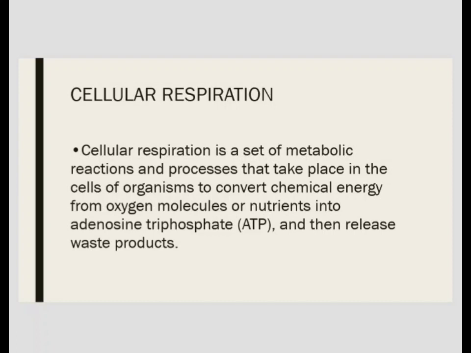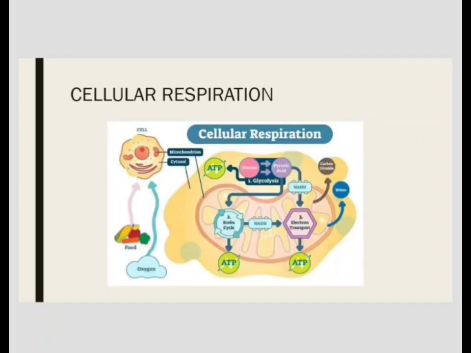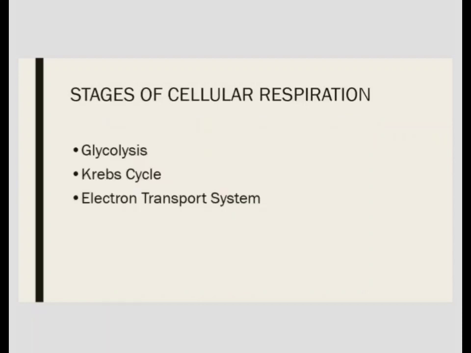So, it means it works with or without oxygen, but essentially, the process is called cellular respiration because the cell is respiring in a way that uses molecular oxygen as its electron acceptor and releases carbon dioxide as its end product. Now to proceed, there are three stages of the cellular respiration process. These are glycolysis, the Krebs cycle, and the electron transport system.